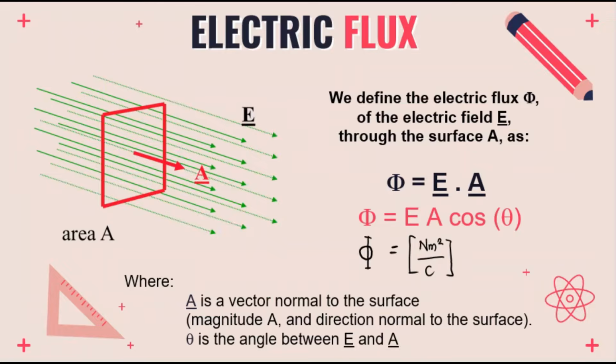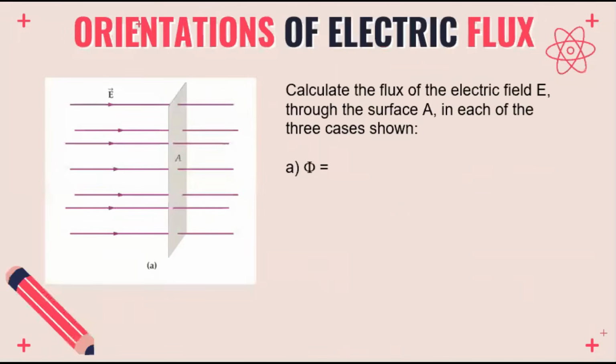So the electric flux can be calculated in different orientations. Let us focus on this first orientation. Calculate the flux of the electric field E through the surface area A, our surface area in each of these three cases shown.